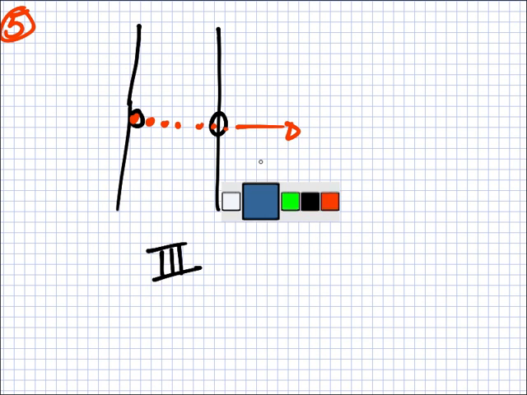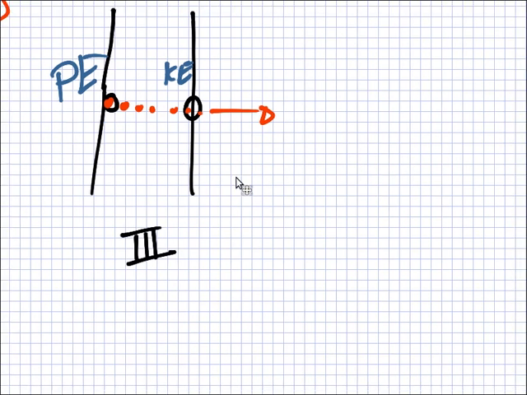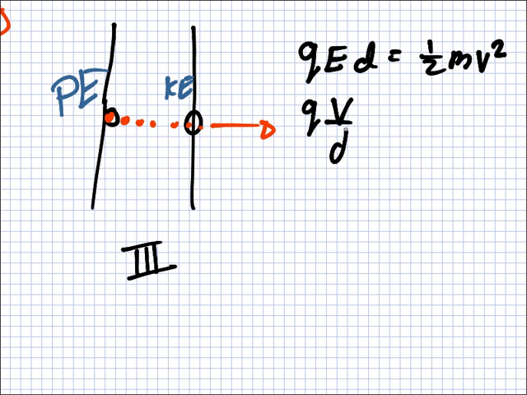We can just use the formula we've been using, potential energy equals kinetic energy. So what's the potential energy here? That is qEd. That should equal a half mv squared. What's the formula for E? That's voltage over d.